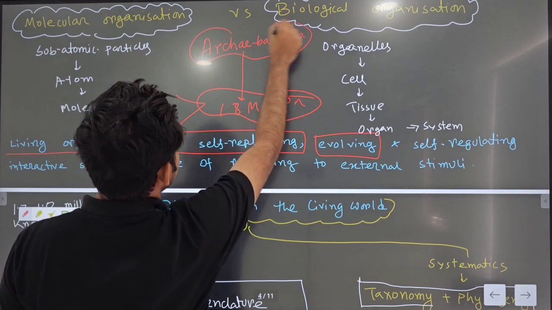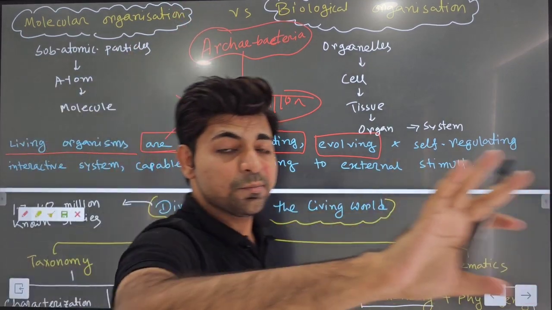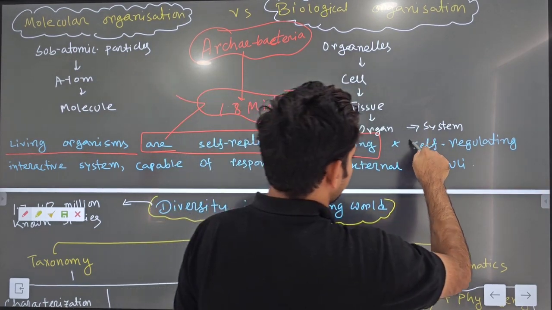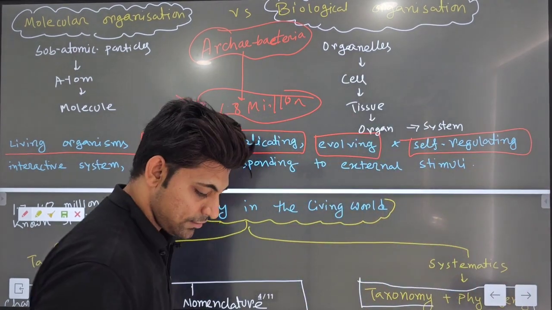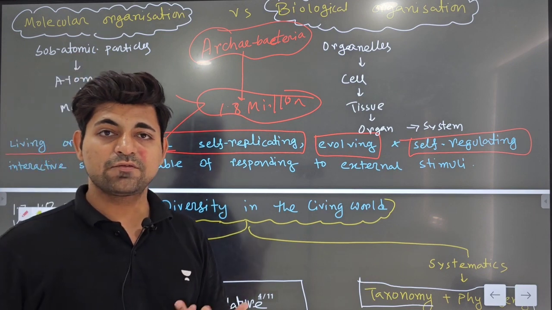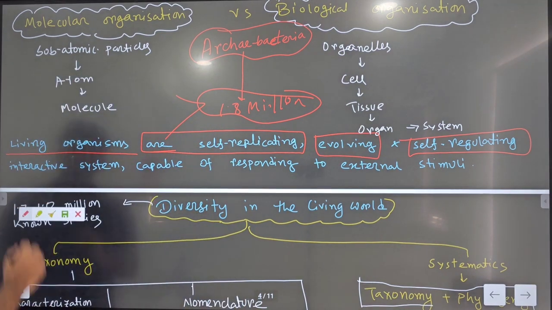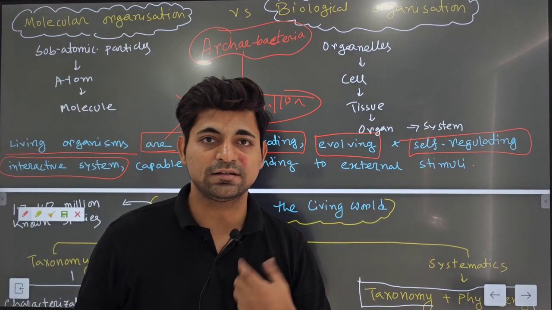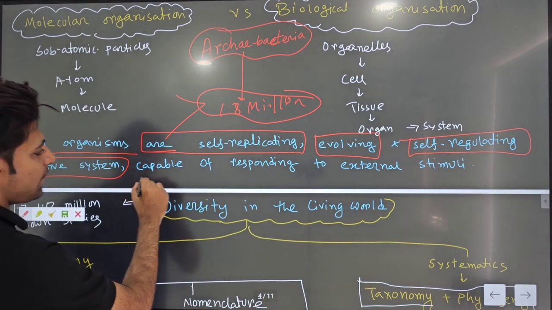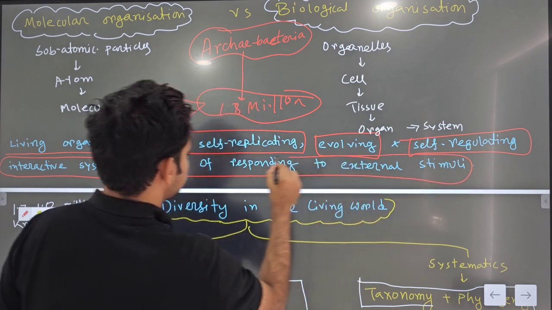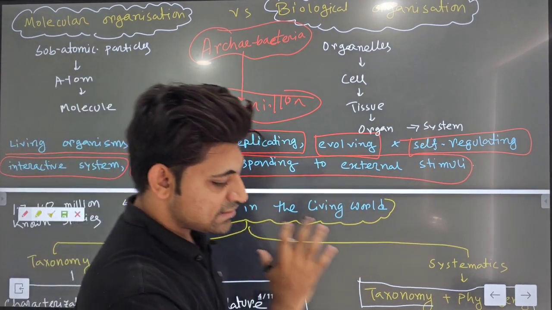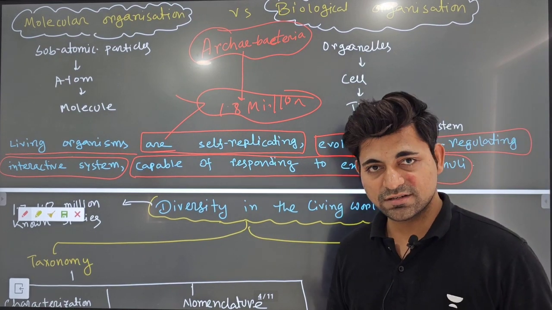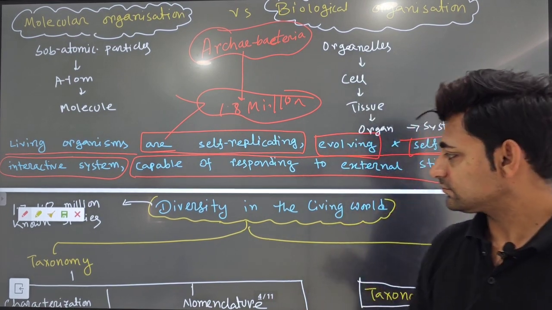How from one group to millions of groups? There is evolution. We are self-regulating. Every living organism can decide what to do and what not to do. Interaction is going on everywhere, inside the cells and inside the body, and living organisms are capable of responding to external stimuli. Whenever these features are there, you can call it a living organism or life form.